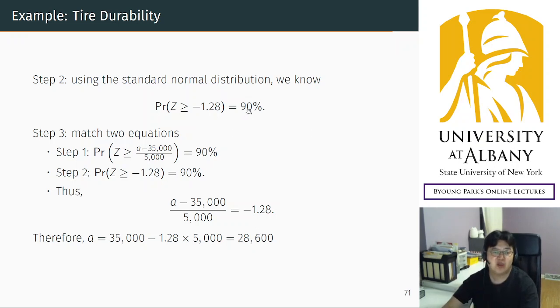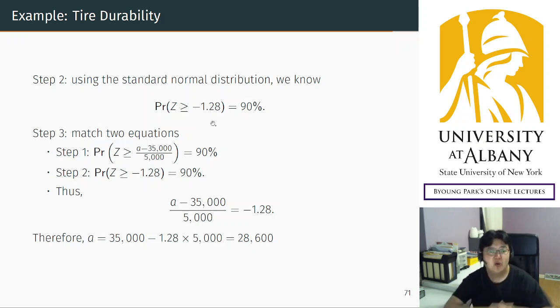If you go the other way, 90% implies minus 1.28. So like z greater than minus 1.28 gives 90%. So from 90%, you have to find minus 1.28.